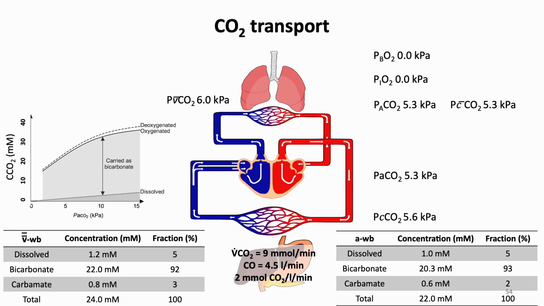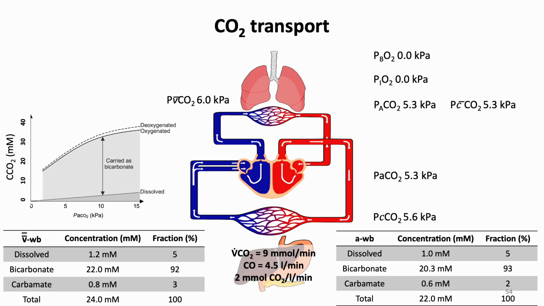What these data here also show is that when CO2 is released from the tissues, 2 millimoles are released into a pool of CO2 that's already present in the blood. There's 22 millimolars present in the blood that's entering the capillary bed, and a small bit of CO2 is then added to that and released again once the blood gets to the lungs.